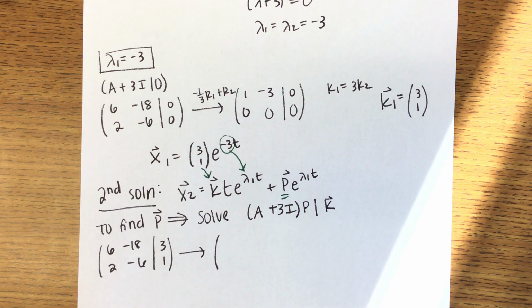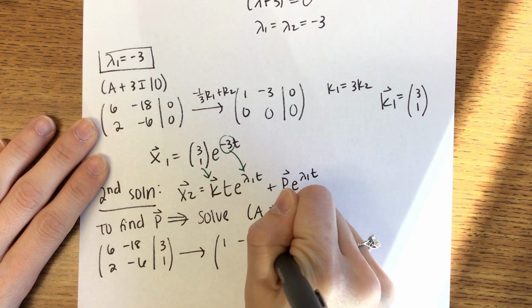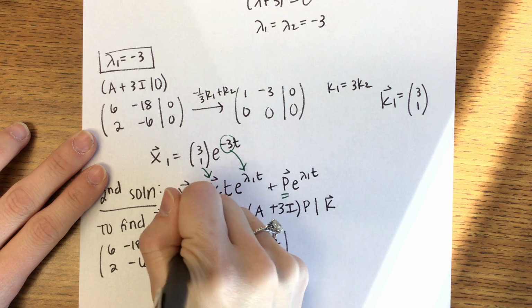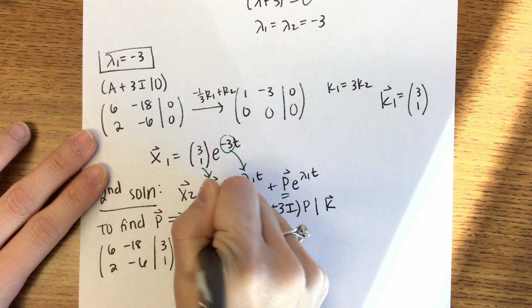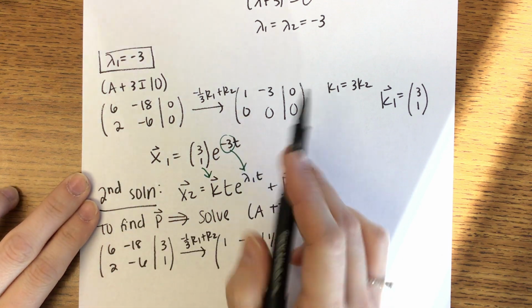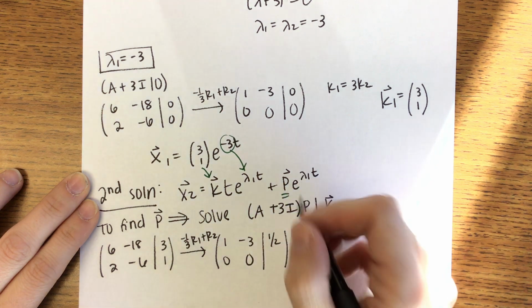I'm going to start out the same way I did before. Divide the top row by 6. So we get 1, negative 3, 1/2. And then if I take negative 1/3 times row 1 and add it to row 2, we did that above and we got 0, 0. In this case, we get negative 1 add 1 is 0.